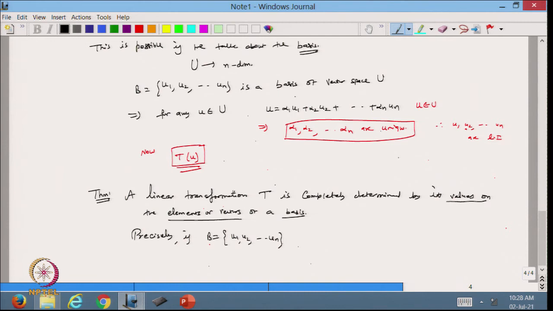I am defining the linear transformation T, maybe from U to V. So, let us take the set B, which is a basis for the vector space U. Now, let there be vectors v1, v2, up to vn that belong to the vector space V.